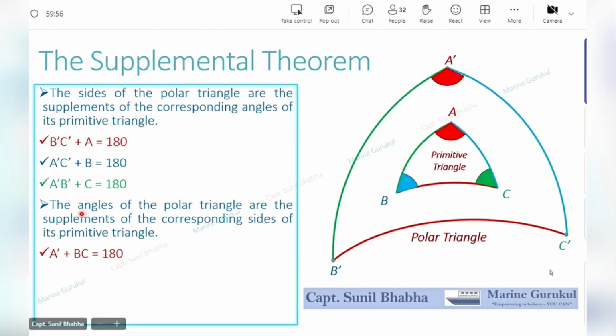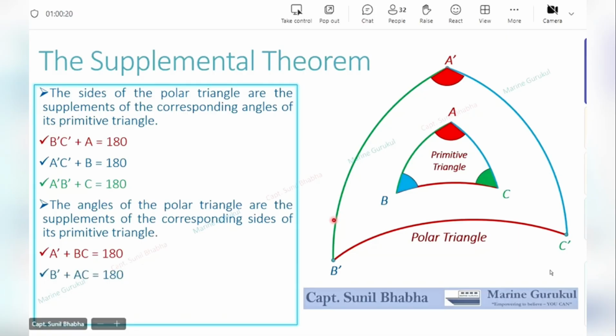So you can match it with the working now. The angle of the polar triangle, which is angle A', and the corresponding side of its primitive triangle, which is BC, add up to 180, or both these parts are supplements of each other.